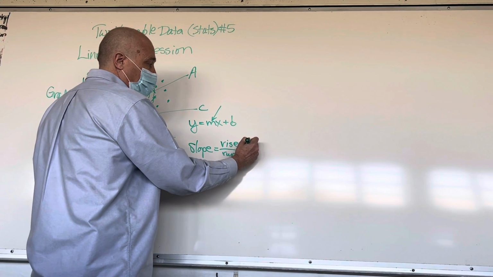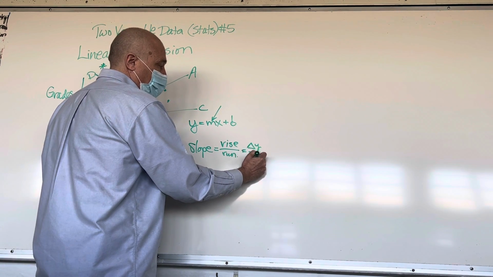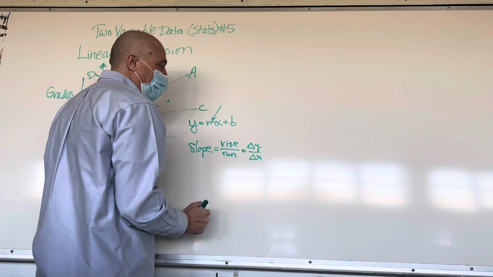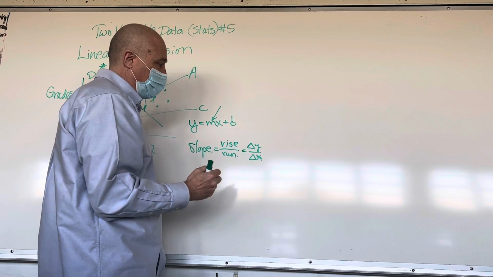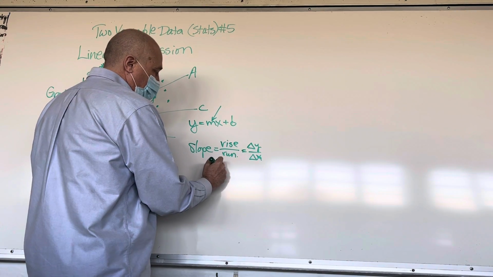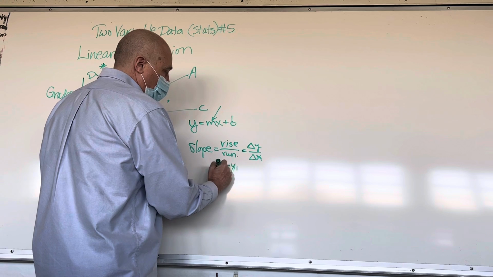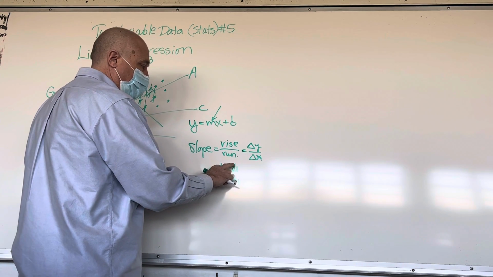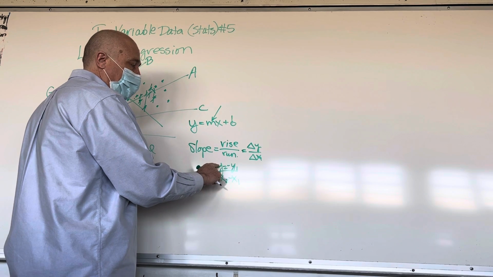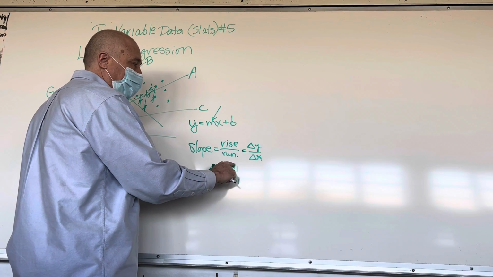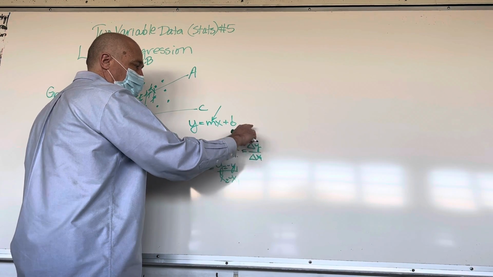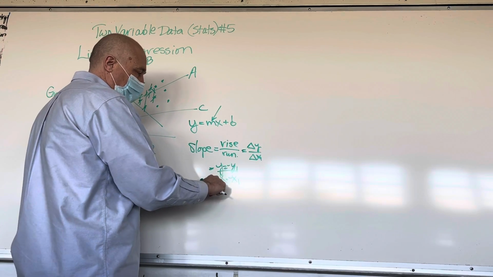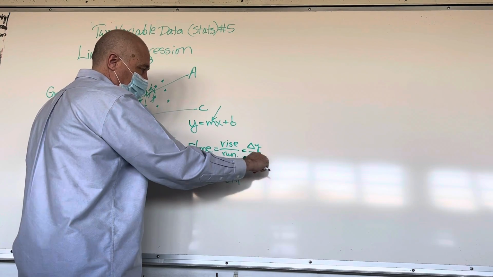You can say change in y over change in x, like that. Delta means change in. You can say y2 minus y1 over x2 minus x1. Again, a meaning of the change in: take the higher value of y and subtract out of it the lower. So the change in the vertical, which is rise, over the change in the horizontal, which is run.